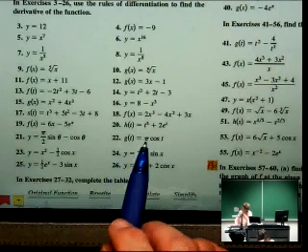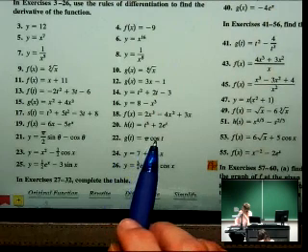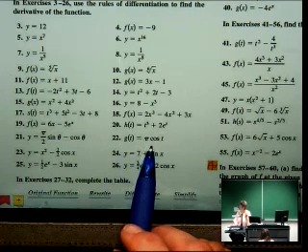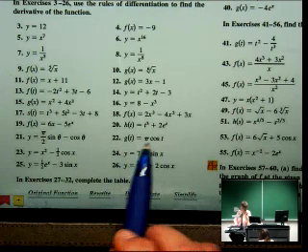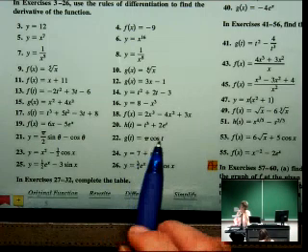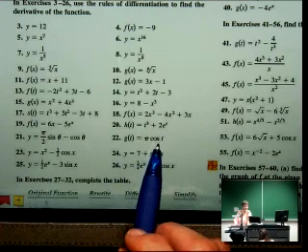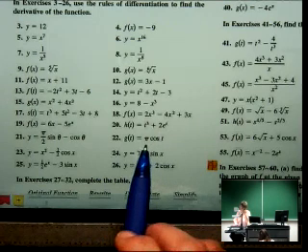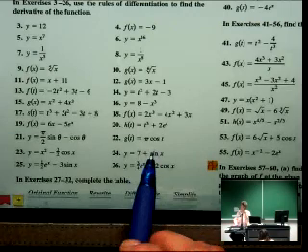What would that derivative be? Almost, except the derivative of cosine is negative sine. This pi is a constant, just like that 2 is a constant. You just keep up with the pi, and the derivative of cosine t is negative sine t. So negative pi sine t.